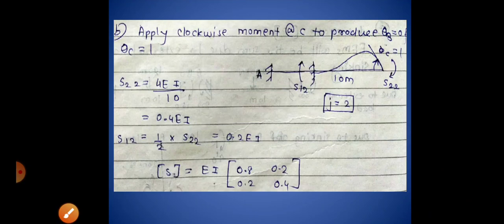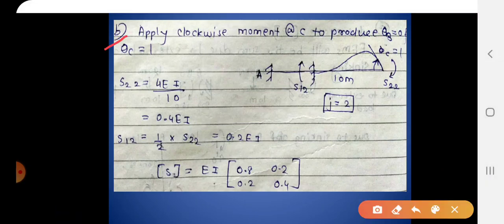Now go to part B. What is our second redundant? It is theta C. We have to make this unit. Therefore apply a clockwise moment at C to produce theta C equal to 1, and the other displacement, theta B, should be 0. B now becomes the fixed support.